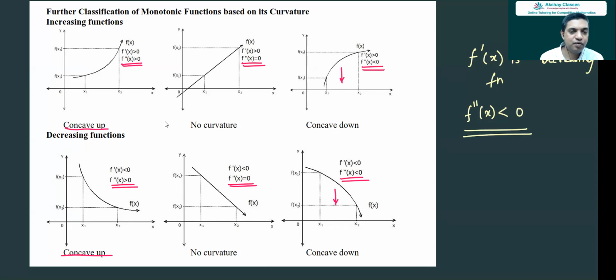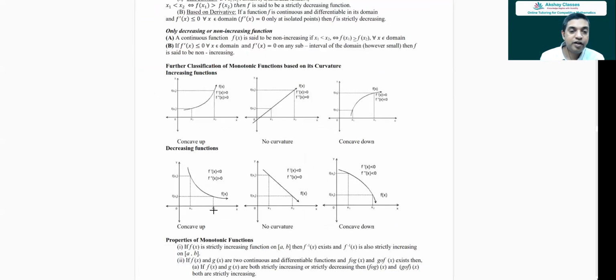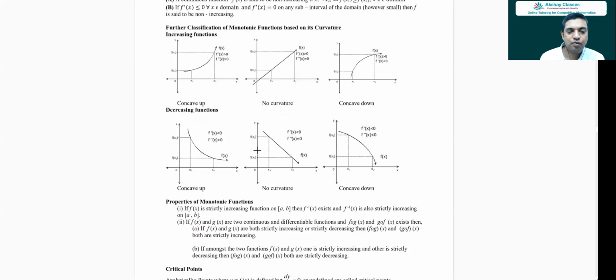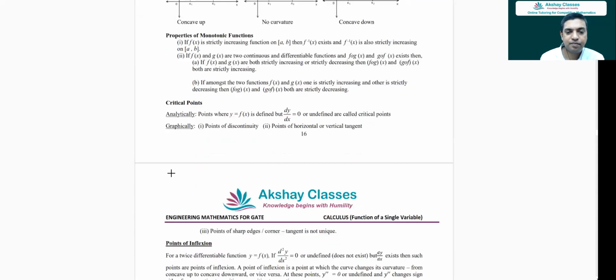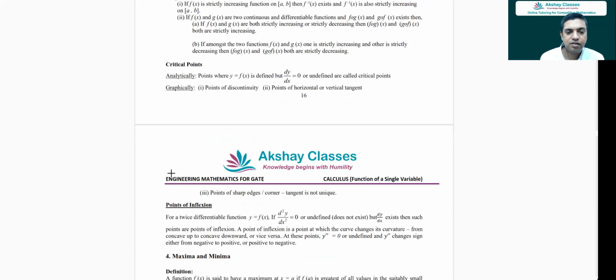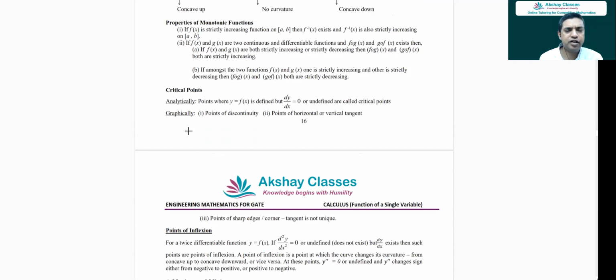This is the nature of curvatures. This will be extremely useful in curve tracing. We will discuss this again just before finding areas under curves, but this is a very important part of monotonicity and finding monotonic functions and its use in finding maxima and minima.